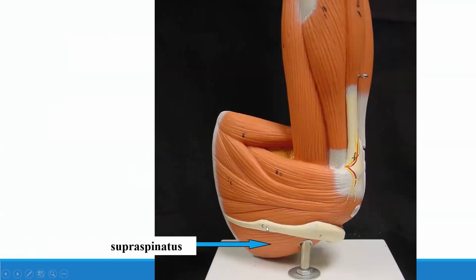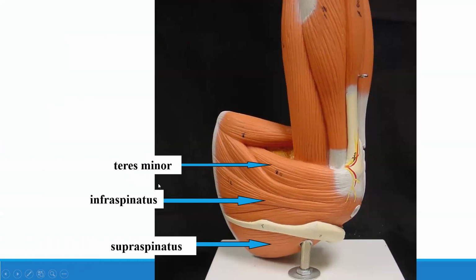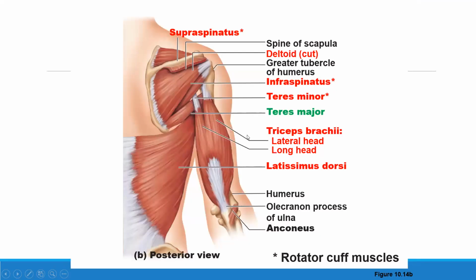We've taken the deltoid muscle off here so we can expose this. The infraspinatus underneath the spine, below the spine. The teres minor right there, again located on the infraspinous fossa. And then this is the teres major here, but that is not a rotator cuff muscle.